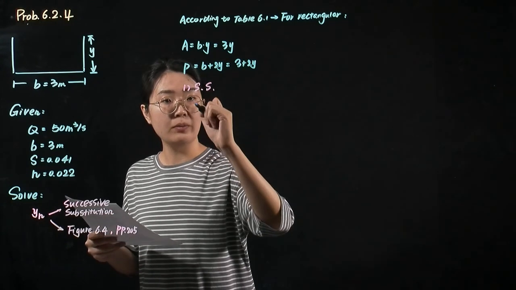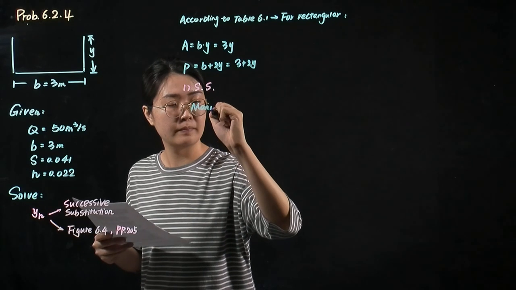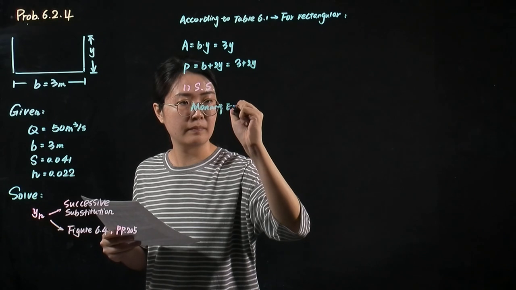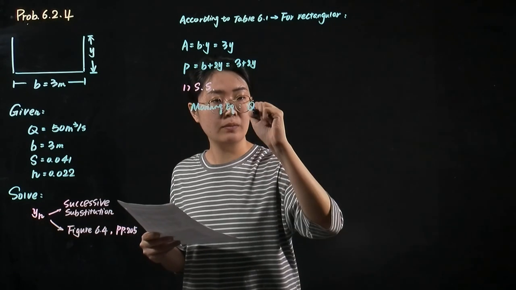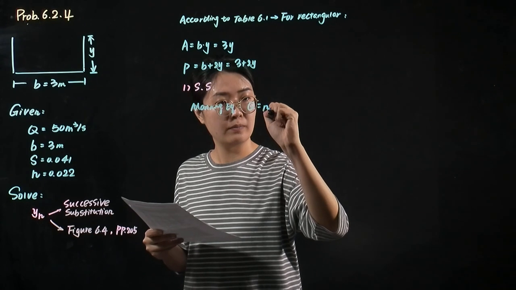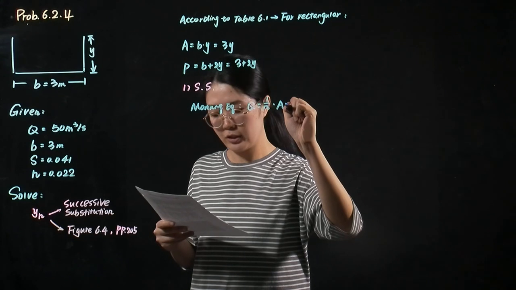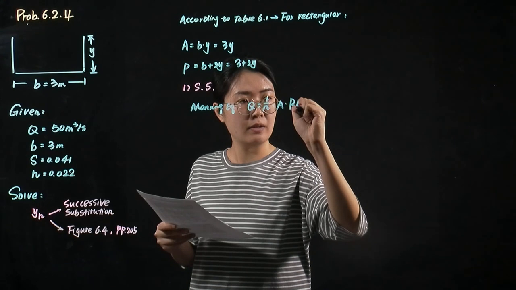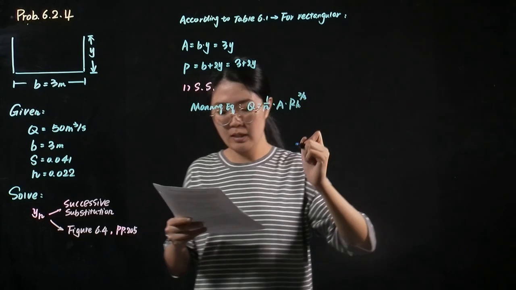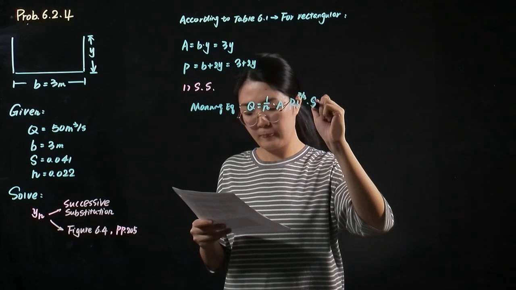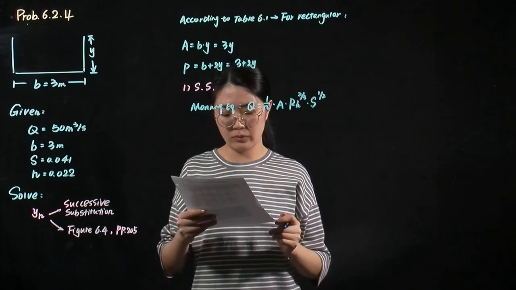The Manning equation is Q equals 1 over n times the cross-sectional area times the hydraulic radius to the power of 2/3 times the slope to the power of 1/2.